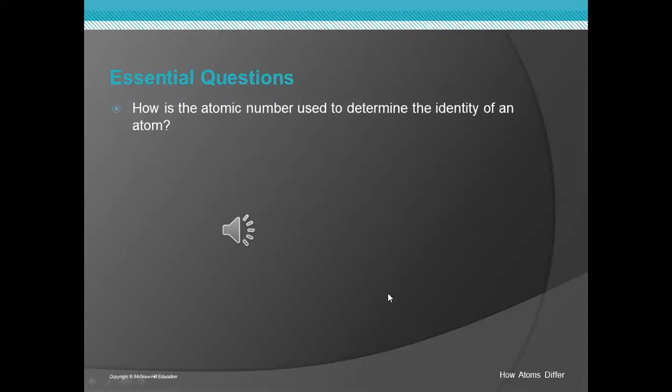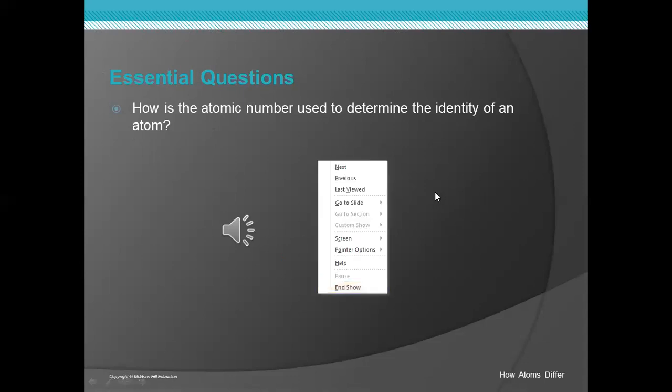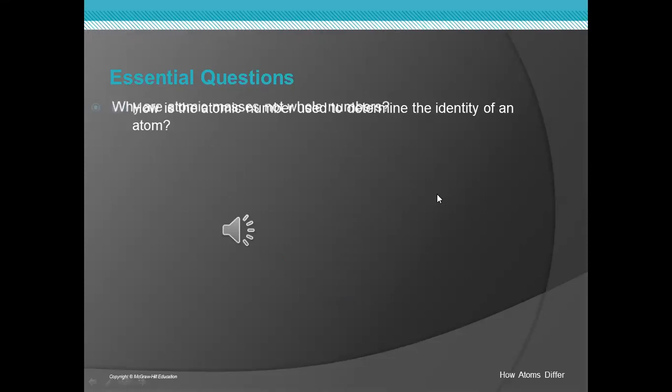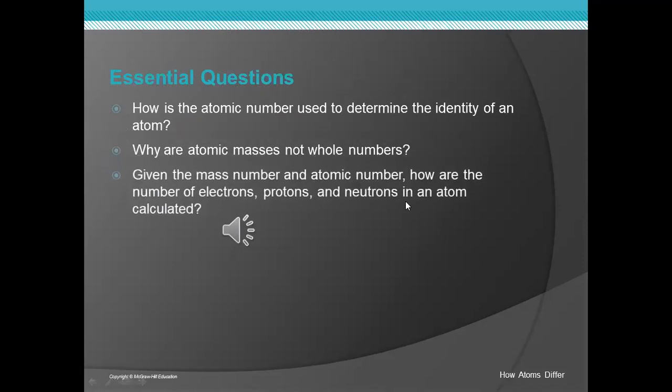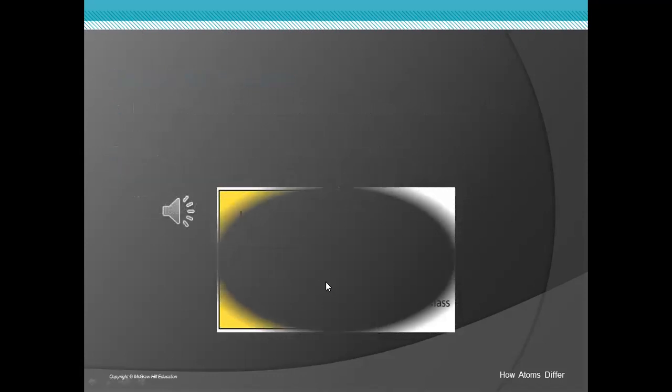Number 1, how is the atomic number used to identify an atom? Number 2, why are atomic masses not all whole numbers? Number 3, given the mass number and atomic number, how are the numbers of electrons, protons, and neutrons in an atom calculated? Okay, let's begin.